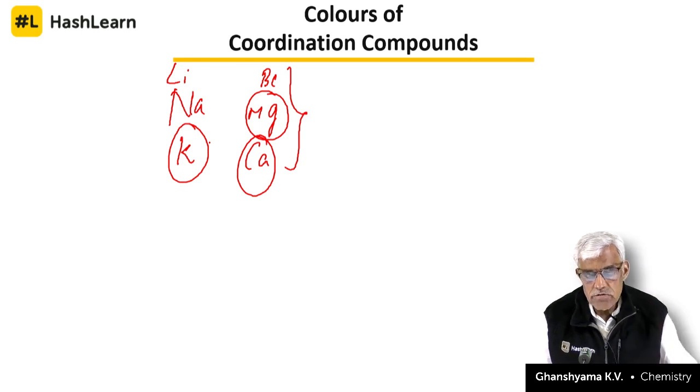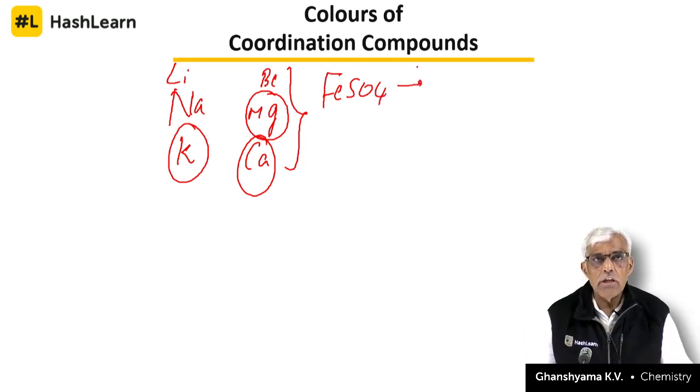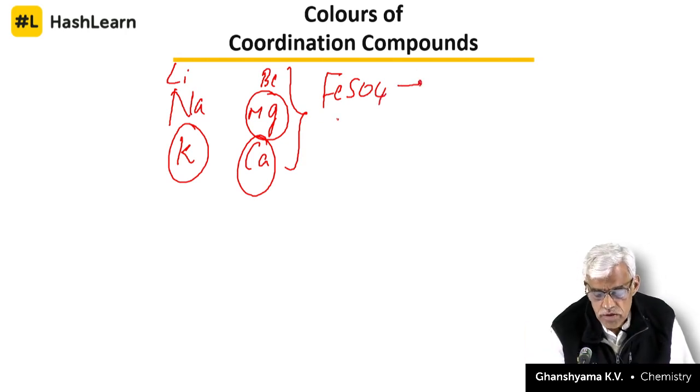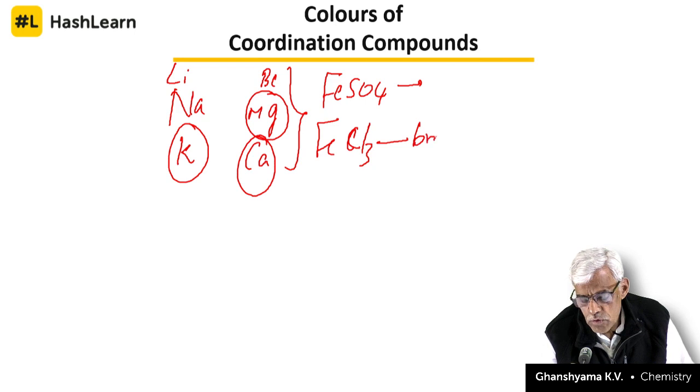Whereas you consider transition metals, their ions. See, iron, ferrous sulfate is light green in color. Ferric chloride or ferric sulfate is brown. This is light green.